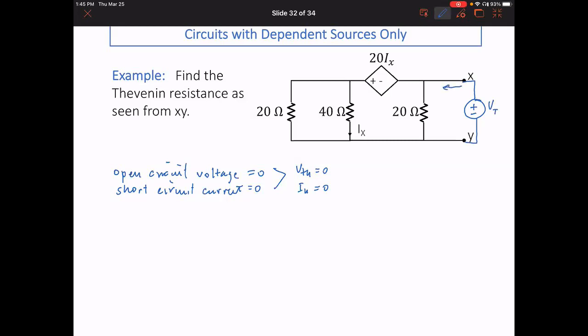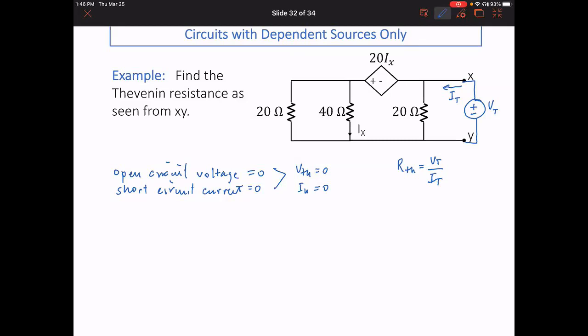And expectedly, there will be a current I of t that will flow. RTH will be equal to V of t over I of t, because RTH has to follow Ohm's law. Now, if this is equivalent to a single resistor RTH, then that has to follow Ohm's law. That should be V of t over I of t.